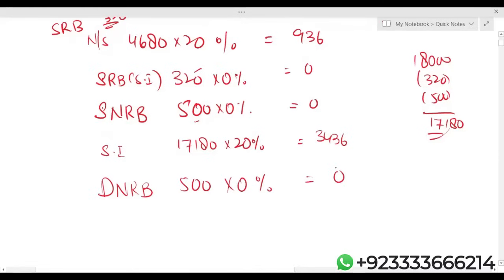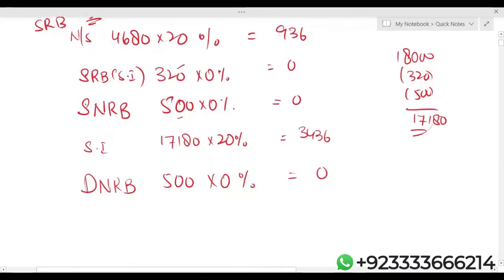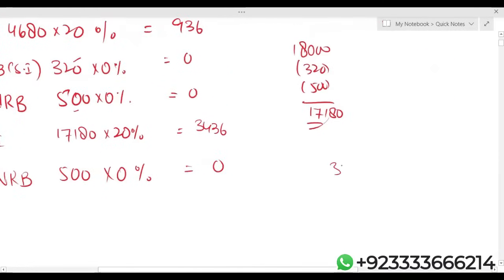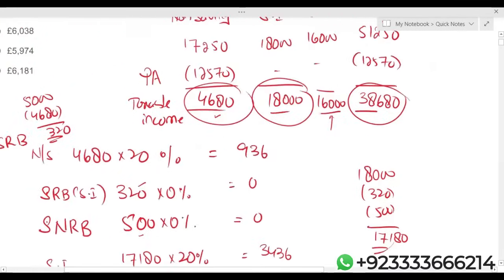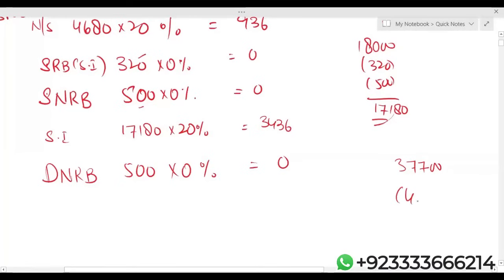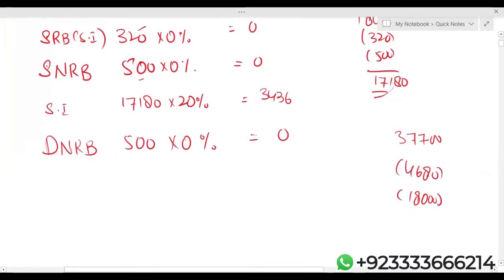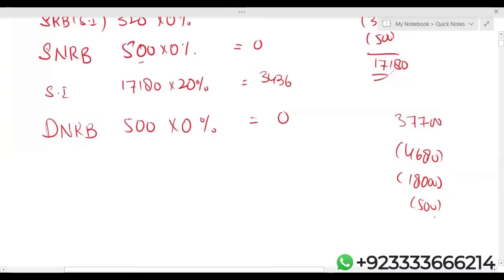Now we have to check how much space is left in the basic rate band. The basic rate band ends at 37,700. Out of that, we have utilized 4,680. Logically, we have also utilized the saving income 18,000. We have also utilized 500 in the dividend nil rate band. 37,700 minus 4,680 minus 18,000 minus 500, I'm getting 14,520.